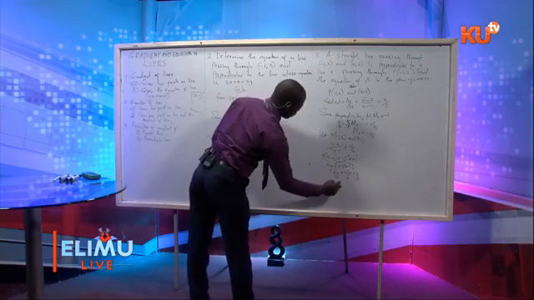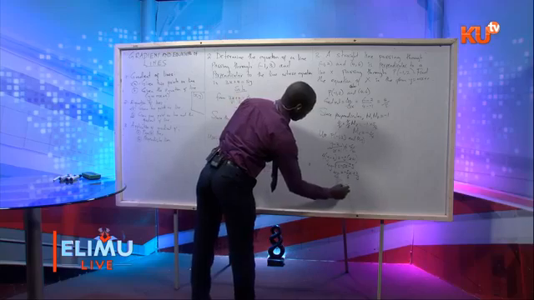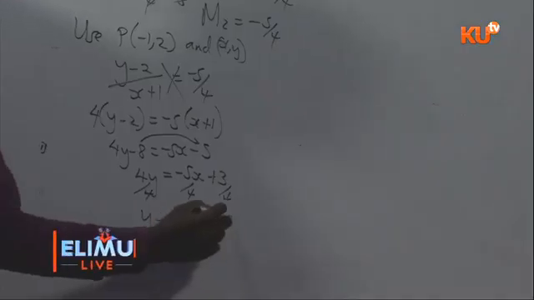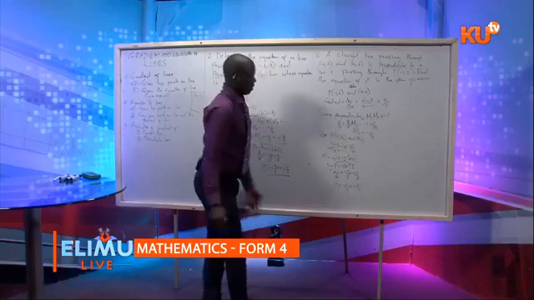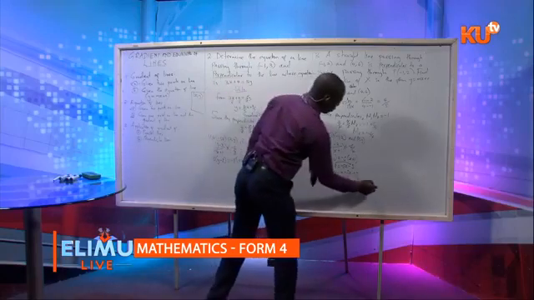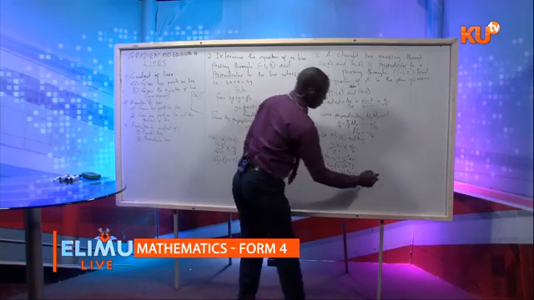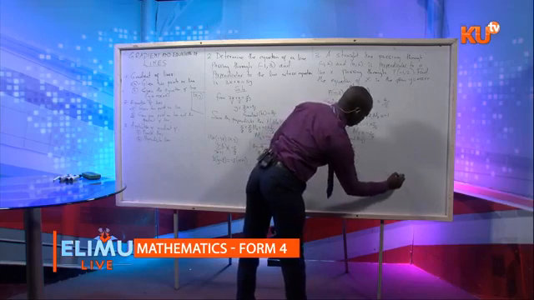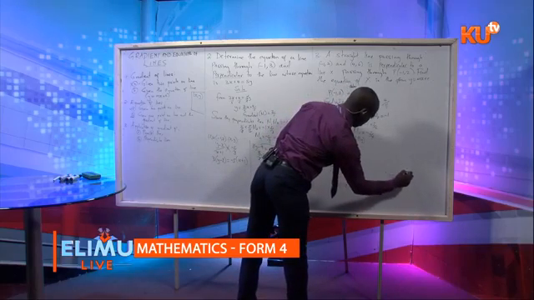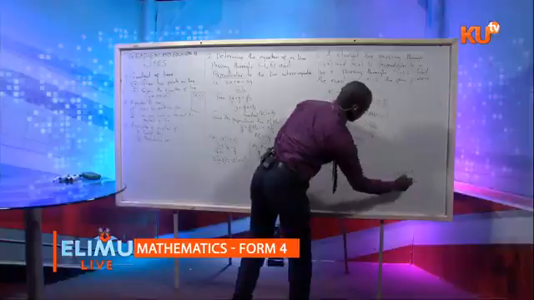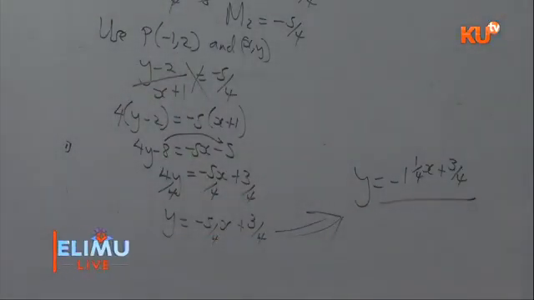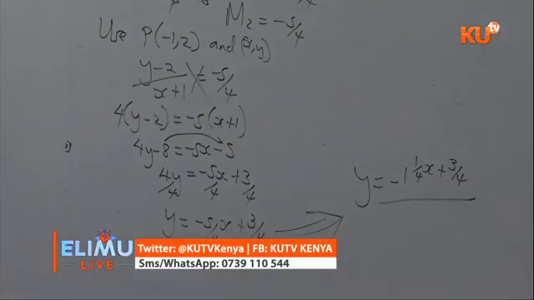And so y = -5/4 x + 3/4. 5/4 is an improper fraction, so y = -1 and 1/4 x + 3/4, and that becomes the equation of the line x in the form y = mx + c.